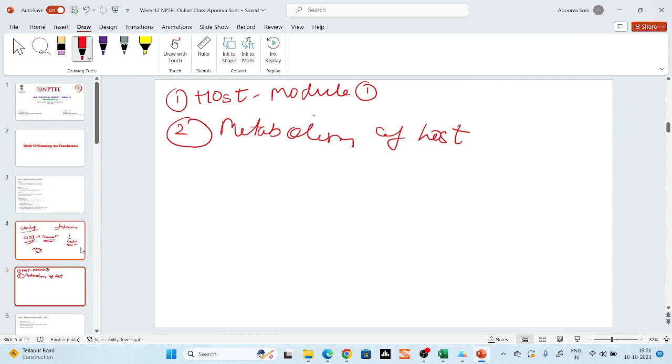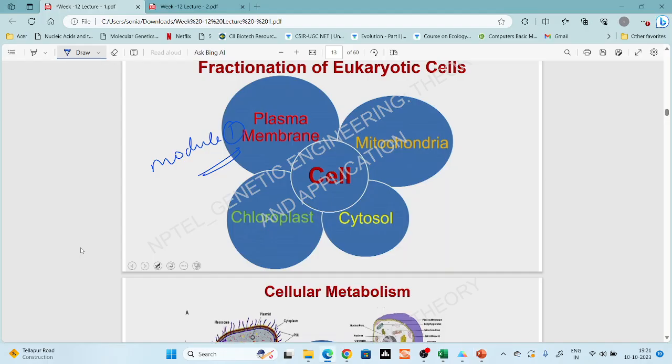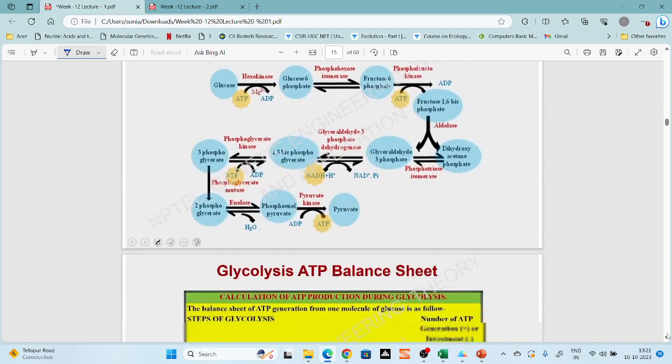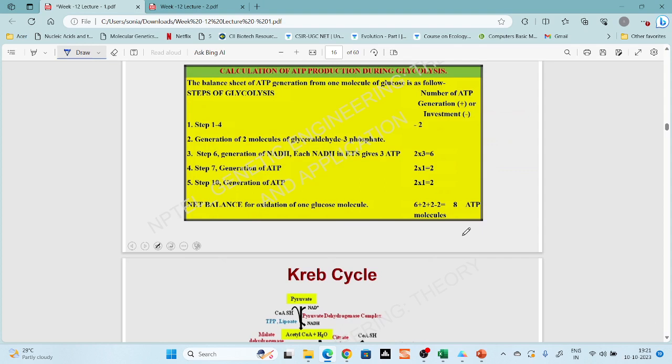So we have studied whether your generation of energy is going through an oxygen dependent or an oxygen independent manner. If it is going in an oxygen independent manner, what are the products produced, how they are produced, what is the mechanism. Then we have studied the glycolysis pathway, and how many ATPs are produced in it.